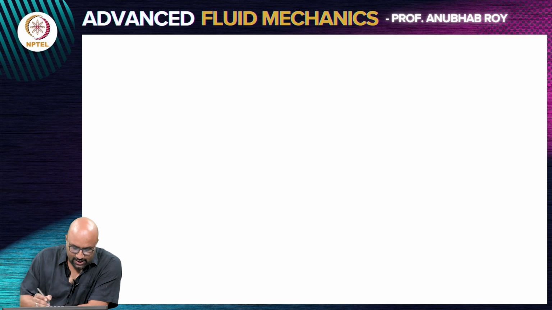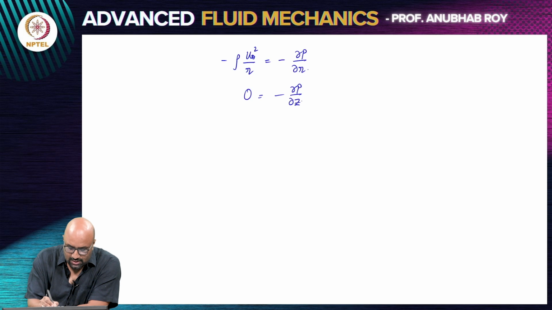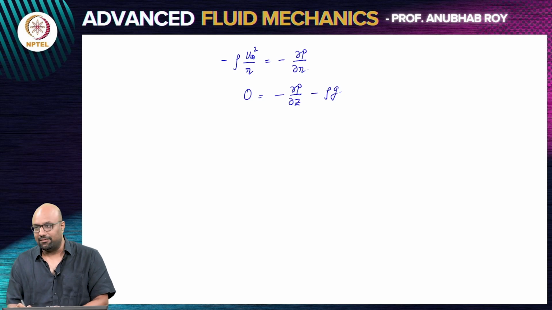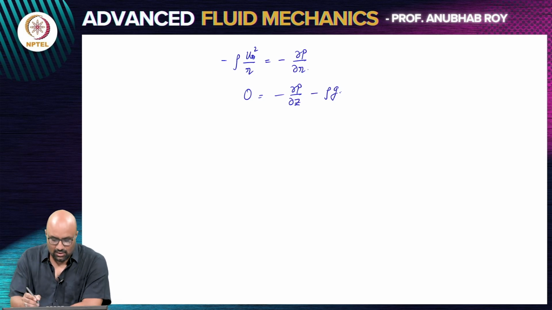Okay, so we are almost there. Now if I go back to the equations, I have minus rho u_theta square by r minus dou p dou r equals 0, and minus dou p dou z minus rho g equals 0. These are the two equations that I have. So, let us integrate them.